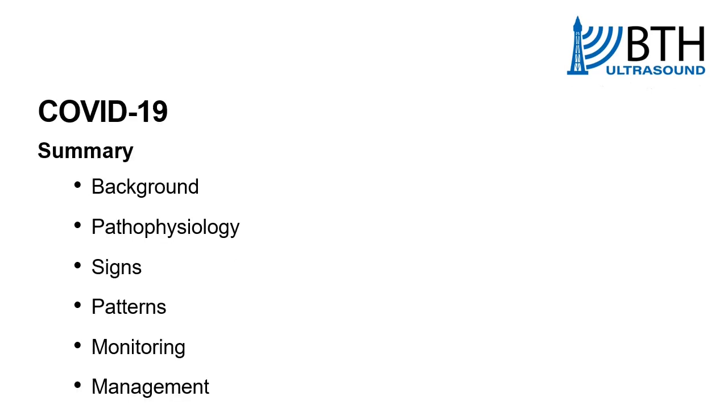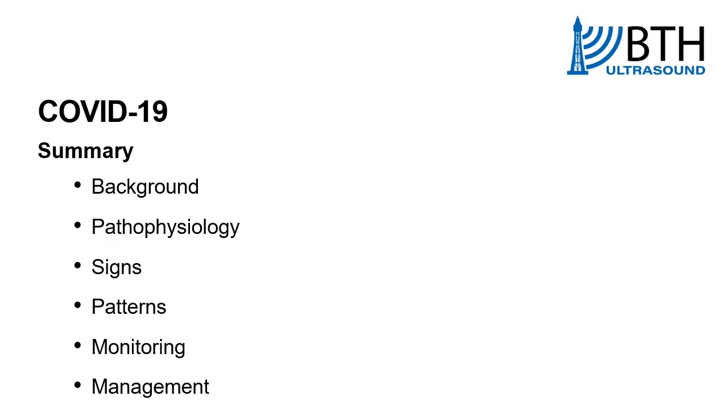So in summary, we went through a little bit of the background about what's been happening with the research around lung ultrasound and COVID-19. Touched on a quick update on the pathophysiology of the process and why it's affecting the lungs and how it's affecting. Talked about some of the signs of COVID-19. Some of them aren't specific to COVID-19 and may be similar to other pathological processes.